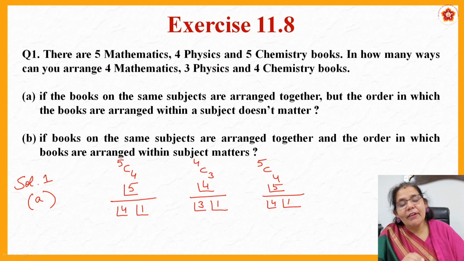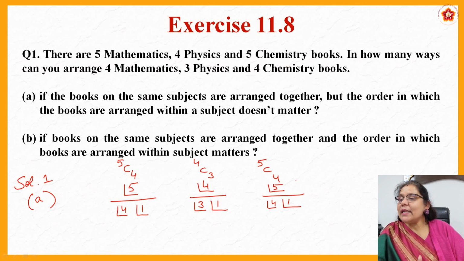Now let's again reread the question. If the books on same subjects are arranged together. Till now we have chosen 4 mathematics books out of 5, we have chosen 3 physics books out of 4, and we have chosen 4 chemistry books out of 5.